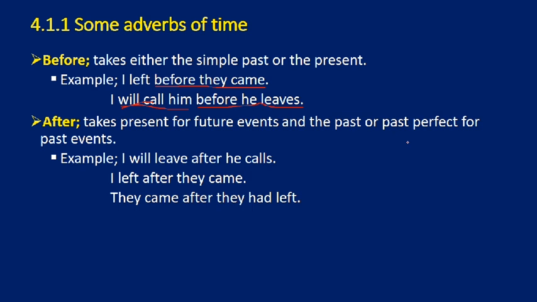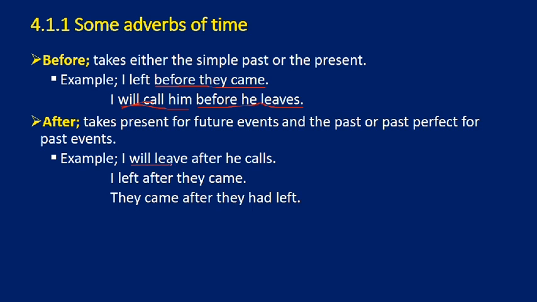For example, if we say "I will leave after he calls", ከደወለ በኋላ ነው የሚሄደው ያለ ነው. So "I will leave after he calls" ይሄ ማለት ከደወለ በኋላ ነው የሚሄደው ማለት.